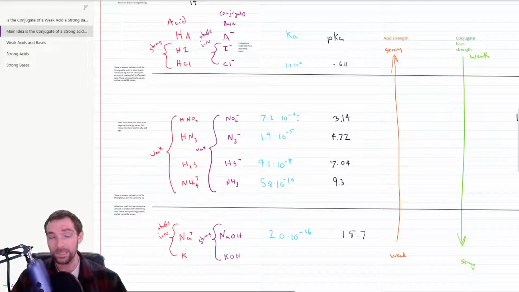It's got a bigger Ka value, so it's got more favorability to dissociate, because remember, when you've got a smaller negative exponent, that's a bigger Ka value.